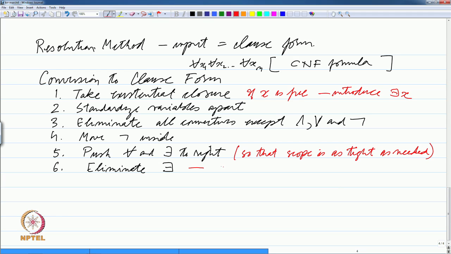So, this we have already studied. This is the process of Skolemization. How to eliminate existential quantifier. If you remember, every existentially quantified variable we either replace with a Skolem constant or with a Skolem function of the universally quantified variables essentially. We will maybe see an example.